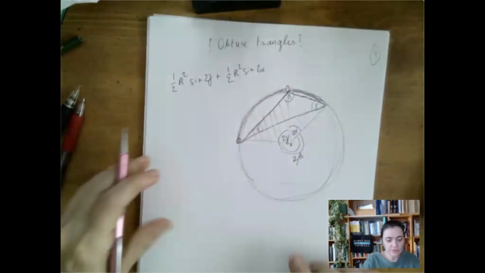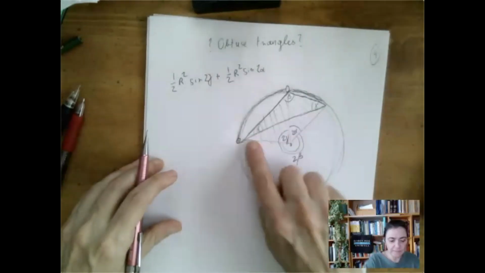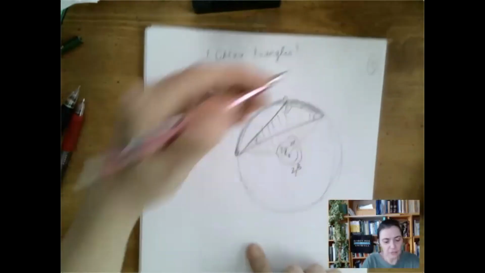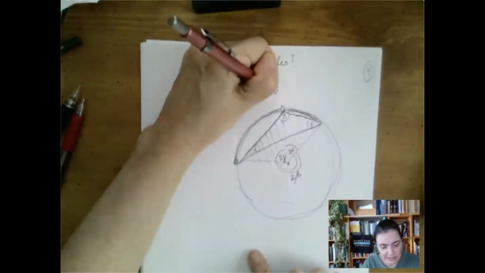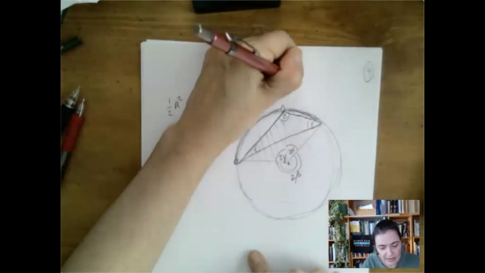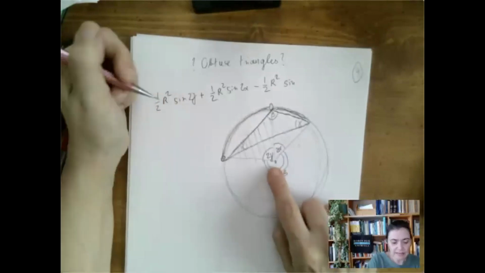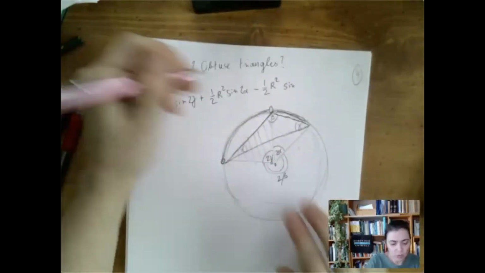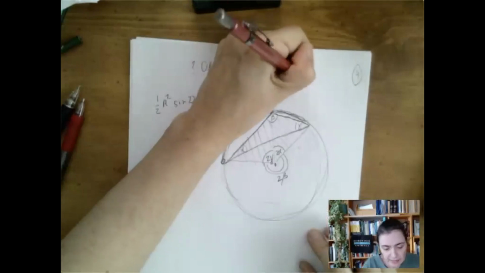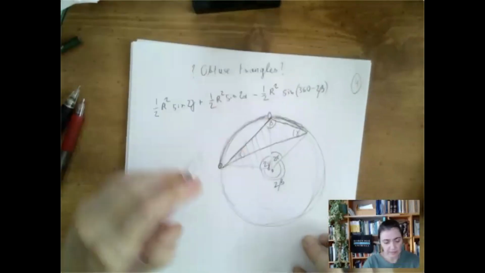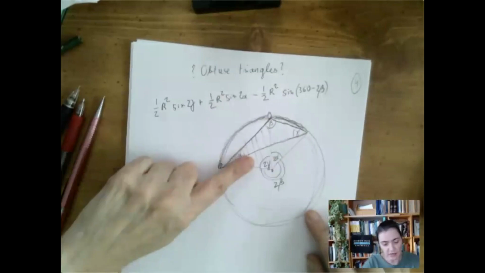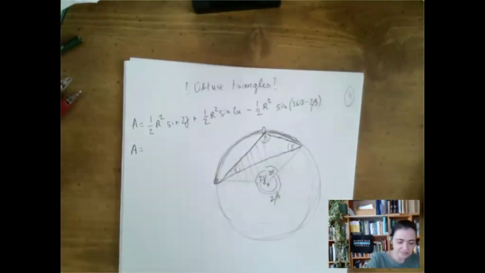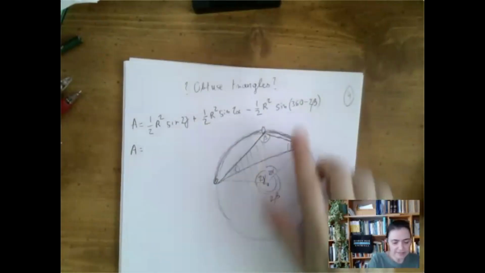But that's too much. We would have to subtract this one. So we would have to subtract 1/2 r squared sine of, well, either 2 gamma plus 2 alpha or 360 minus 2 beta, right? That would be subtracting this extra. But then we can simplify this.